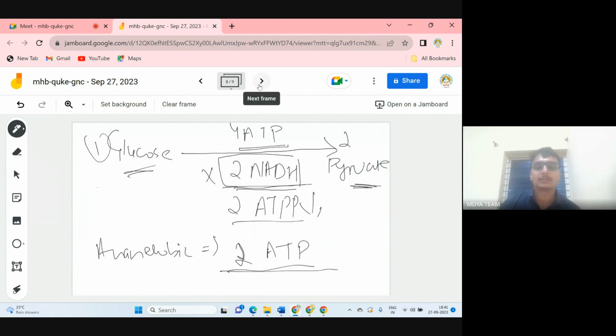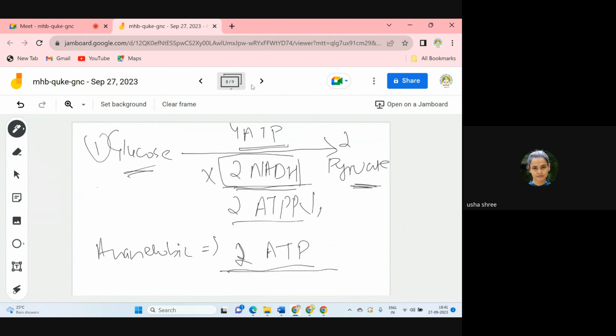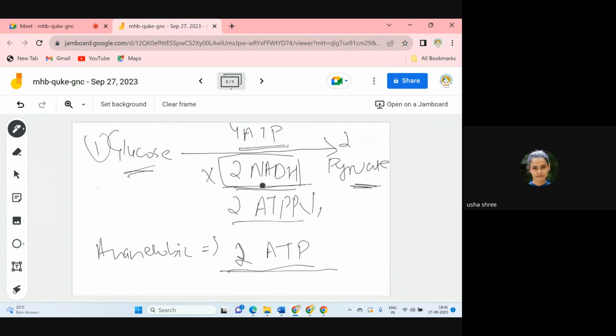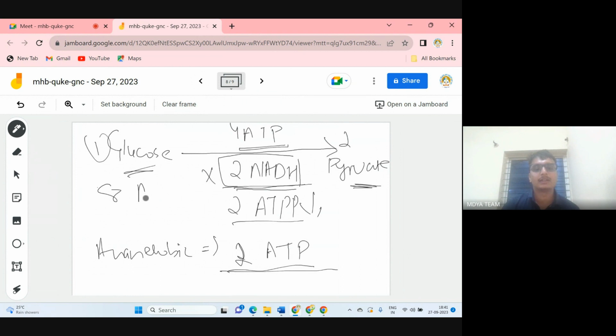Okay, so now here we produce 8 ATPs, right, sir? 8 ATPs production should be there. Can you repeat your question? In glycolysis, both anaerobic and aerobic, there will be 8 ATP production. 8 ATP production only happens if these two NADH are used in oxidative phosphorylation. Then only 6 ATP production will happen from these two NADH.